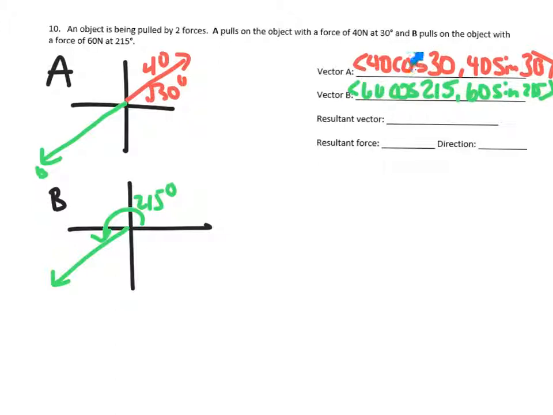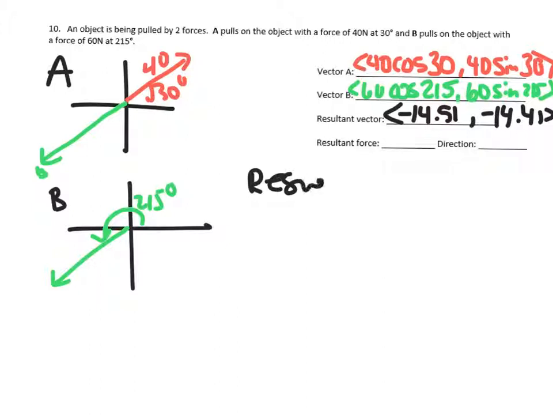If I add those two together, my resultant is going to be negative 14.51. If I add my 40 sine 30, oh wait, that is a bad 30, and 60 sine 215, that's a kind of ugly zero, but I'm going to get negative 14.41.